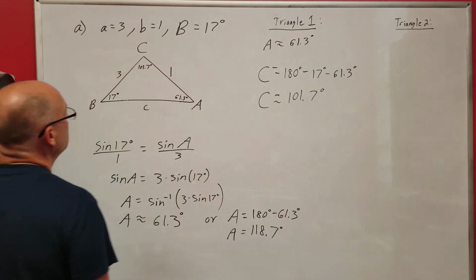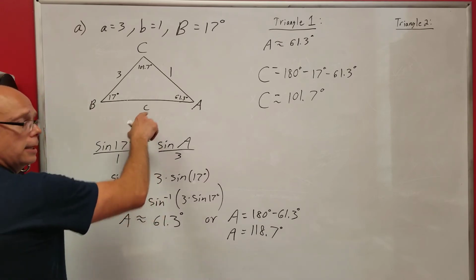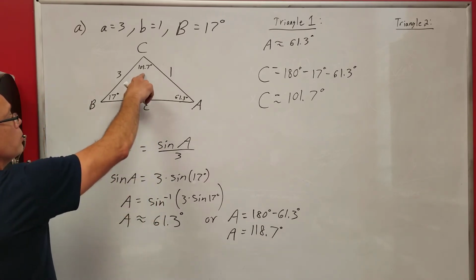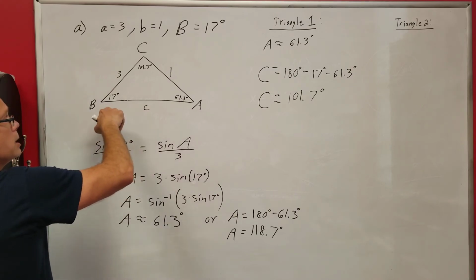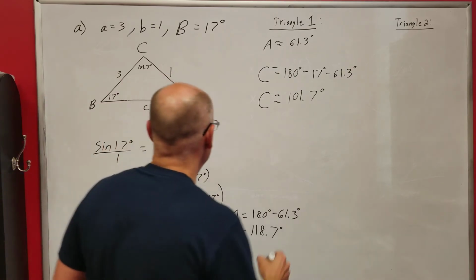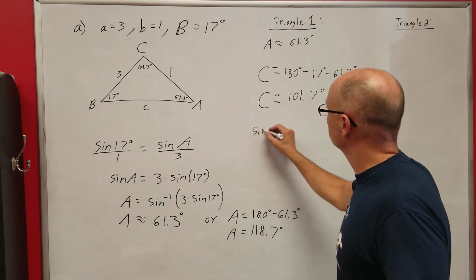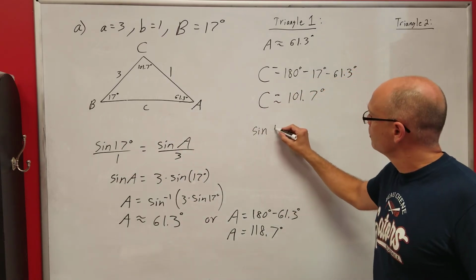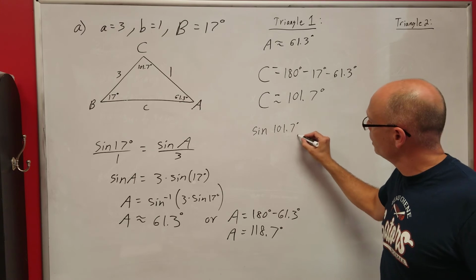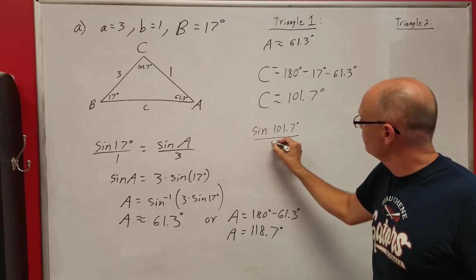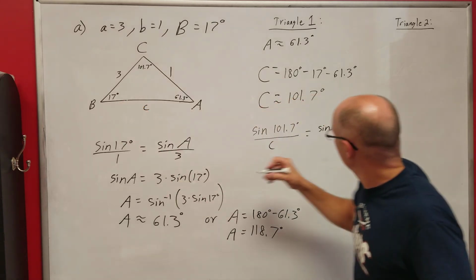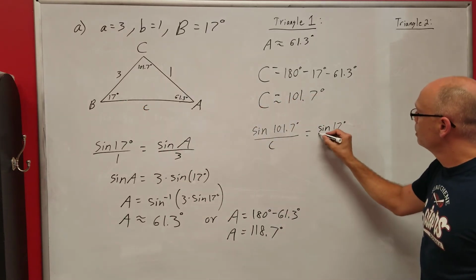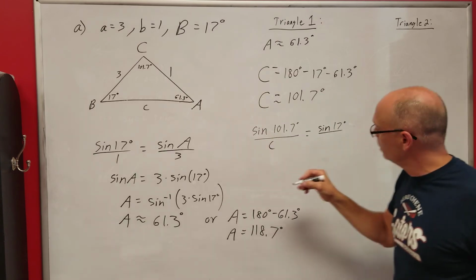All right, what about side C? I'll say the sine of 101.7 over C is equal to sine of 17 over 1 using the law of sines. So the sine of 101.7 degrees over side C is equal to the sine of B, 17 degrees, over the length of side B, which is 1.